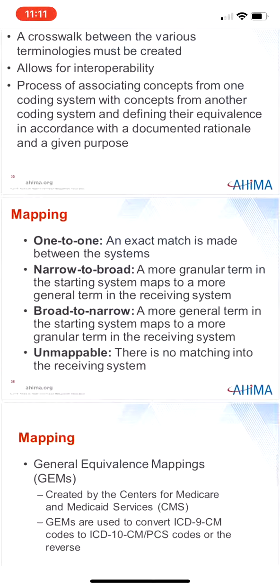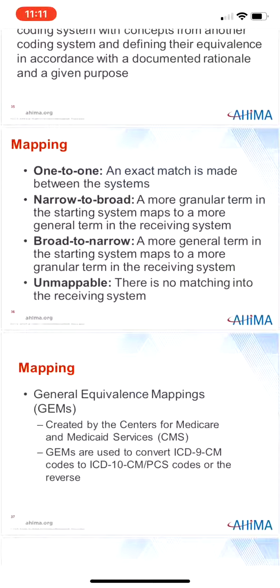Categories such as the following can be used in mapping. 1-to-1: this is an exact match between the systems. Then you have narrow to broad: a more granular term in the starting system maps to a more general term in the receiving system. So remember, granular means detailed.